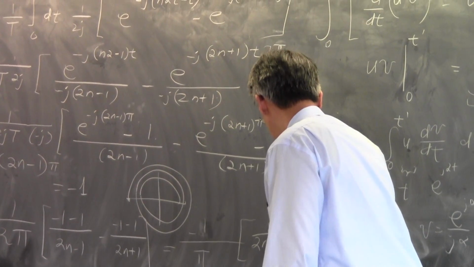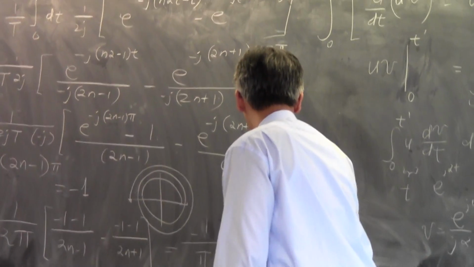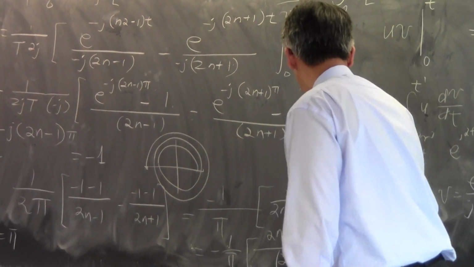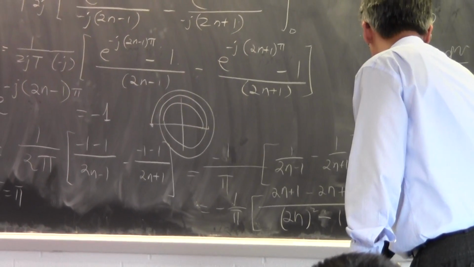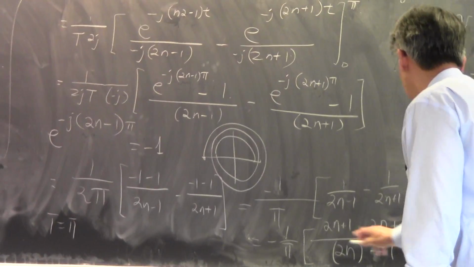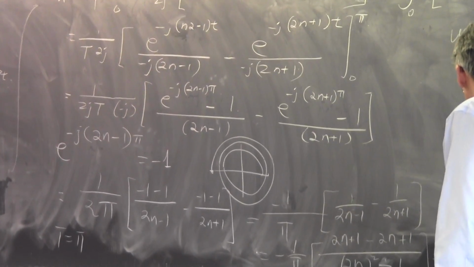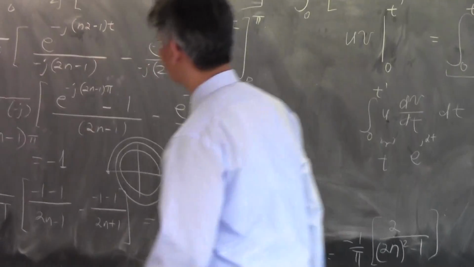So it should be (2n) squared minus 1, and then 2n plus 1 minus 2n plus 1 over here. Okay, bring them under the common denominator, you get minus 1 over pi, this cancels with that, you get 2 over (2n) squared minus 1. Okay, so this is your F of n.